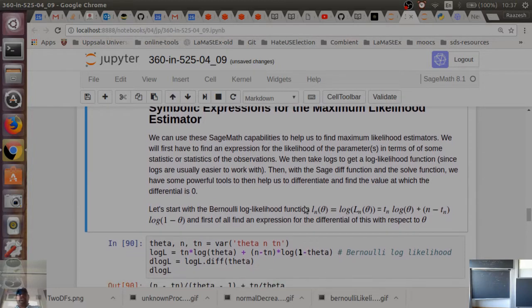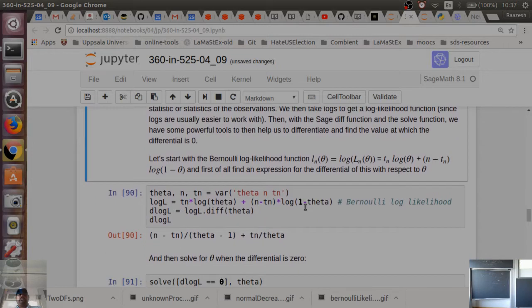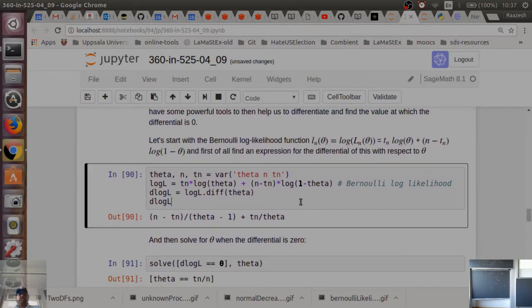So now let's use this for the maximum likelihood estimator, just to keep things back to where we were. So I have my theta, n, and tn as my variables, and then my log L is my expression now because this is the Bernoulli log likelihood function for my statistic tn, which is the sum of xi's, the number of ones.